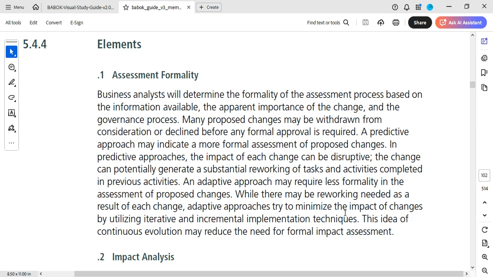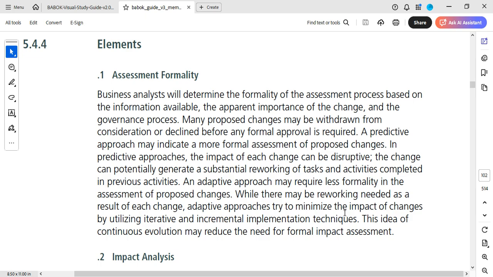An adaptive approach, you remember what an adaptive is? You show or look at what you've done, then you continue, and it becomes iterative. An adaptive approach may require less formality in the assessment of proposed changes. While there may be reworking needed as a result of each change, adaptive approaches try to minimize the impact of changes by utilizing iterative and incremental implementation techniques.